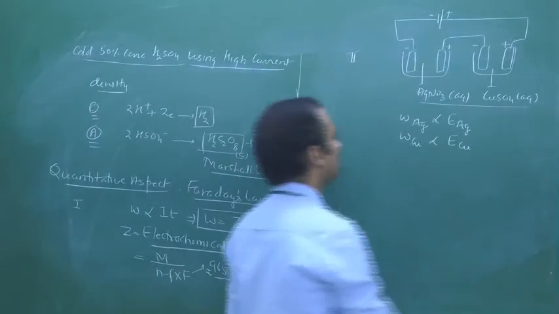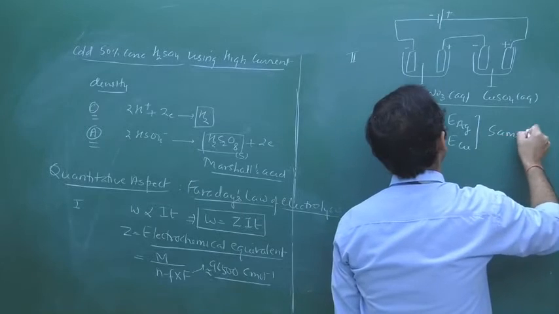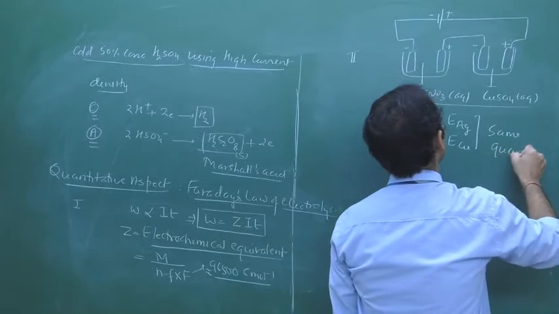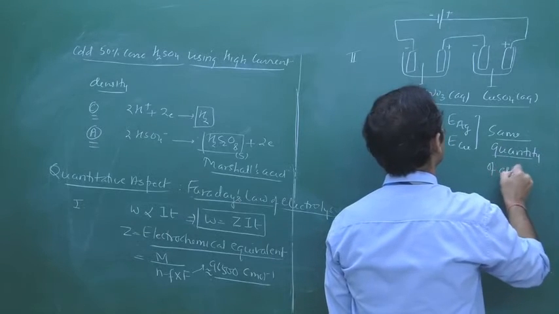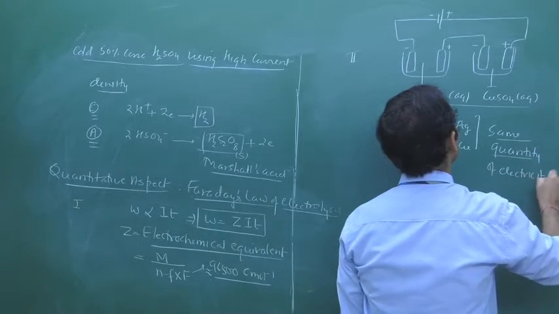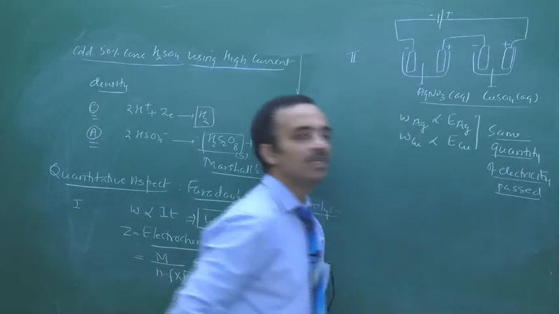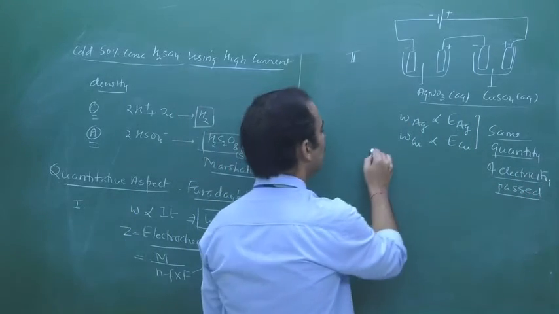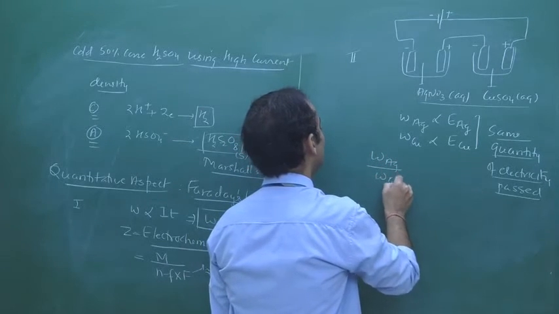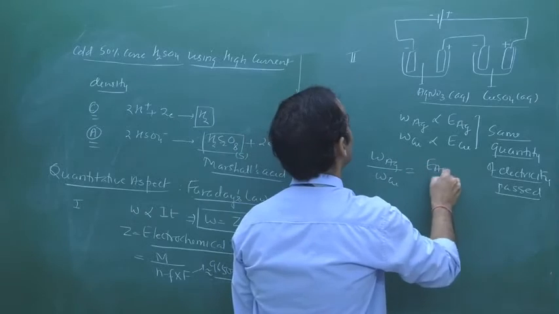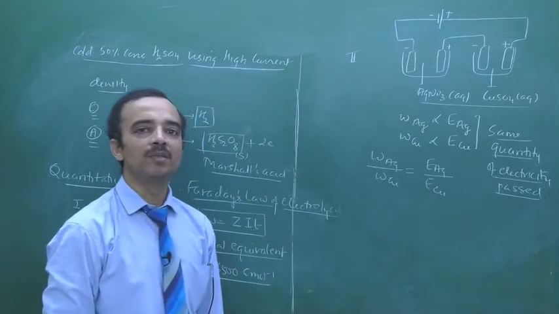When will this happen? When same quantity of electricity is passed. Is it clear? On dividing the two, can we say we will get an equation of this type?